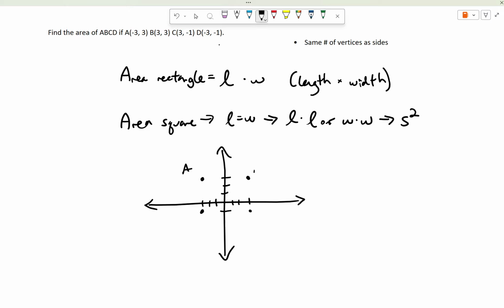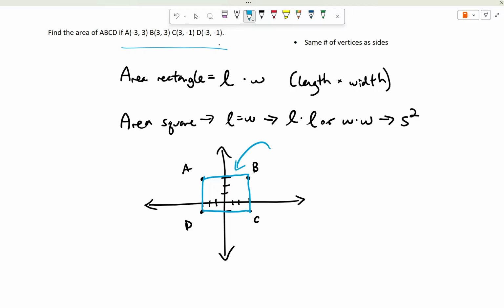Have my A, my B, my C, and my D. They typically go, gentlemen, when you list them this way, either clockwise, okay, as you list your vertices, or counterclockwise, all right? It doesn't have to be alphabetical. So A to B, B to C, C to D, and then A connects back to D, showing me that I've got the 4, all right?